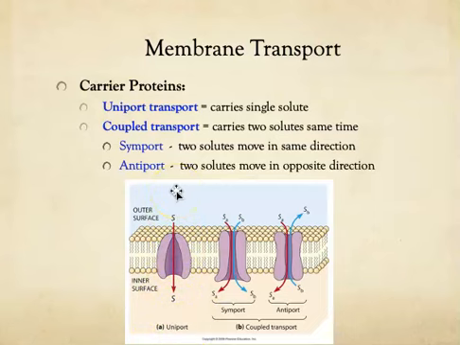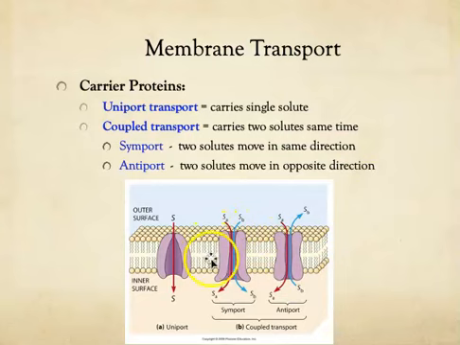A symport coupled carrier protein will move two solutes in the same direction. An antiport carrier protein will move two solutes in opposite directions. You can see this in the diagram as well.